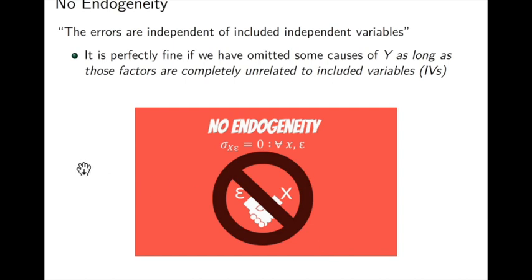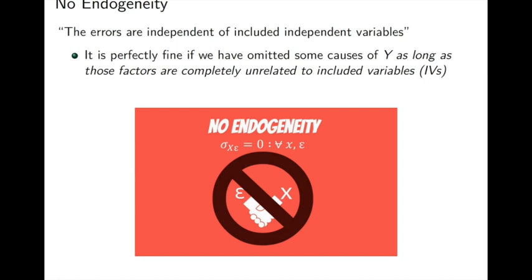The second assumption is super restrictive and super important, and it's called no endogeneity. So what this says in words is that the errors, all those things that go into determining person i's wage that aren't their education, are independent of the included variables, or independent of education.